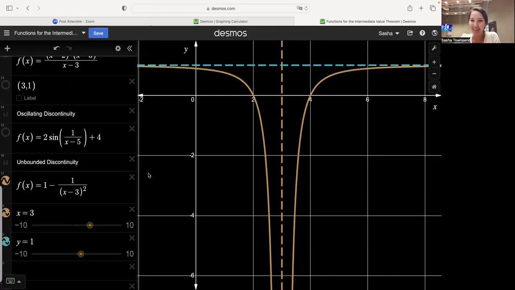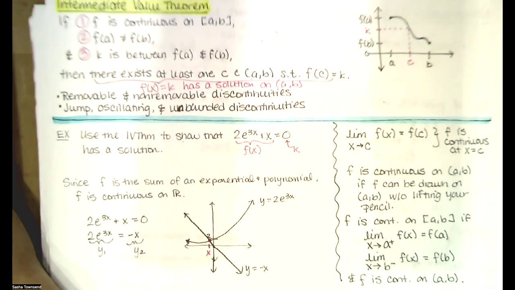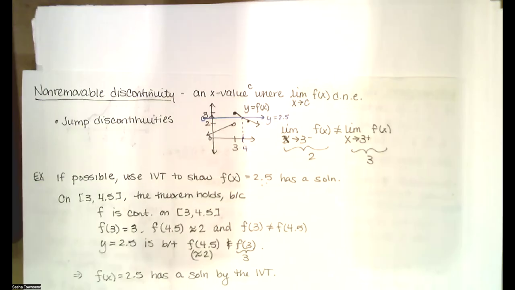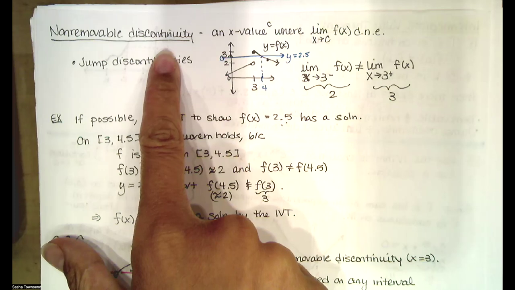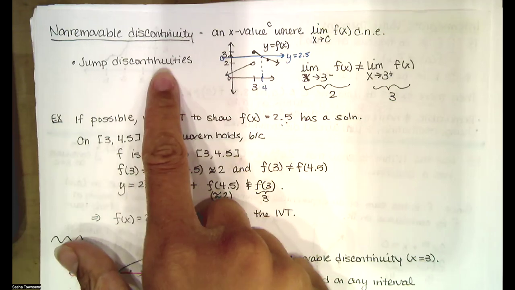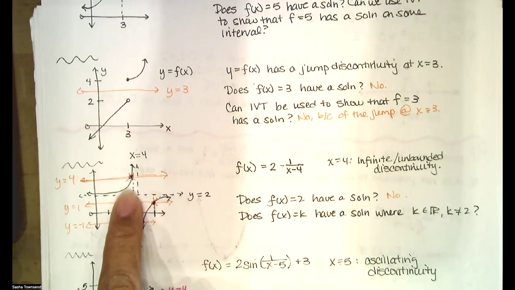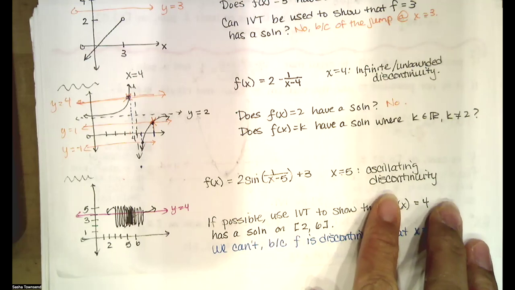So I think that's it. Now, one other thing I should summarize with. And I may have already said this before, maybe not. Non-removable discontinuities are just x values where the limit does not exist. There were 3 types: jump discontinuities, infinite discontinuities where the function goes to plus or minus infinity on either side or on both sides, and then oscillating discontinuities.